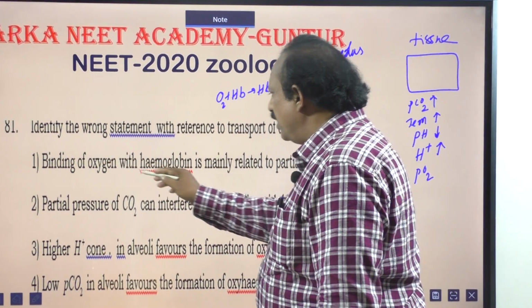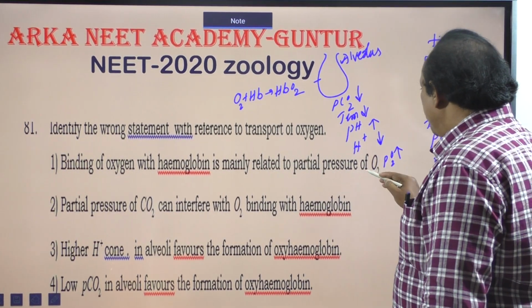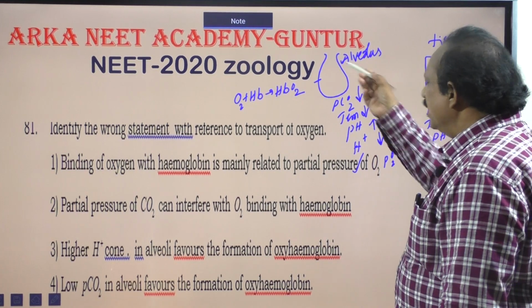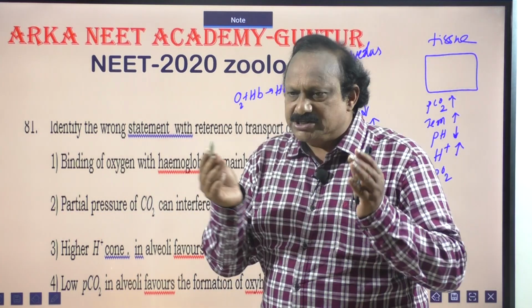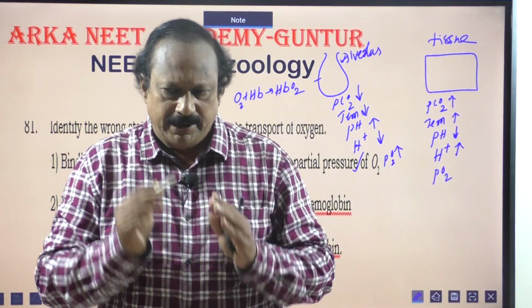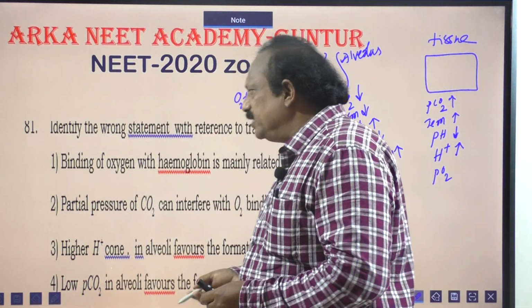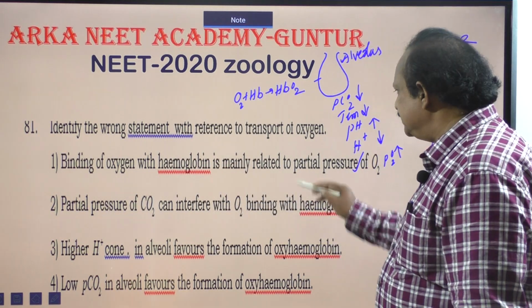The binding of oxygen with hemoglobin is mainly related to the partial pressure of oxygen. That's correct. At the lungs, the partial pressure of oxygen is very high. Therefore, oxygen combines with hemoglobin and forms oxyhemoglobin. So, partial pressure of oxygen is a very important factor in the binding of oxygen with hemoglobin. This is the correct statement.